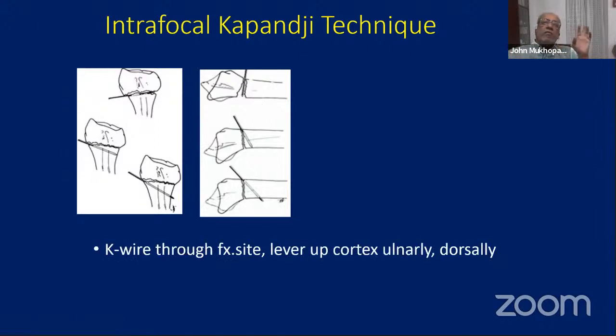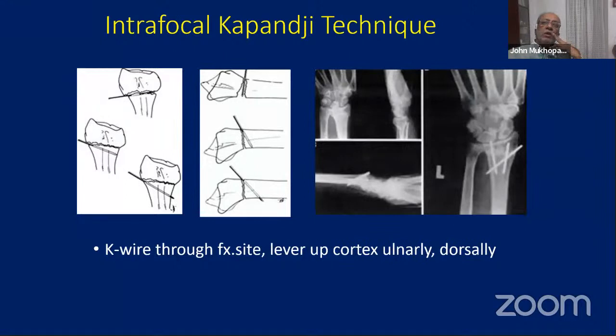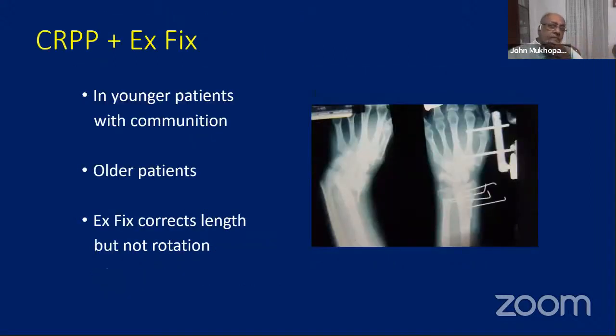So K-wire through the fracture site, lever up the cortex as required to reduce the fracture, and then pass the pin through into the opposite cortex, the proximal fragment, and then you can add pins as required to get you good stability. The advantage of this is it reduces any chance of wrist stiffness as compared to when you put the pins close to the wrist joint.